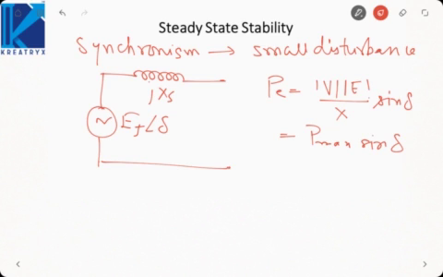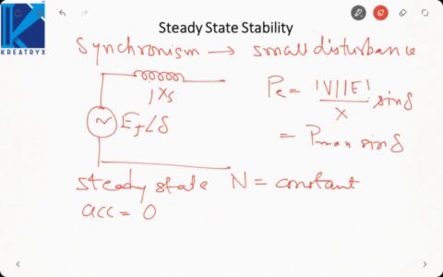Now steady state will be when the speed of the machine is constant. That is, the rotor of the generator rotates at a constant speed. That means acceleration must be 0.